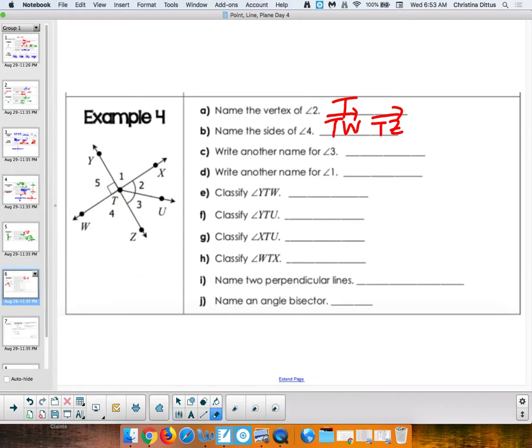Another name for angle 3, here's angle 3. We cannot just call it T because we've got a bunch of stuff around T. So we're going to start U, T, Z. Remember, T has to be in the middle because it is my vertex. Another name for angle 1, here's angle 1. Again, T has to be in the middle, can't just call it T. I'm going to start here: Y, T, X.